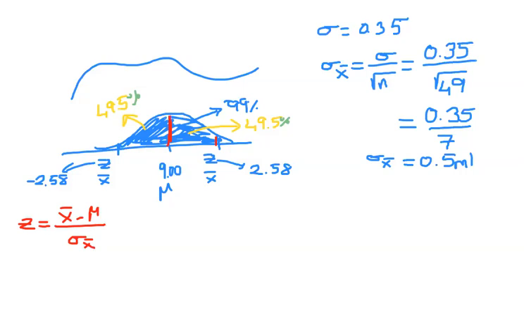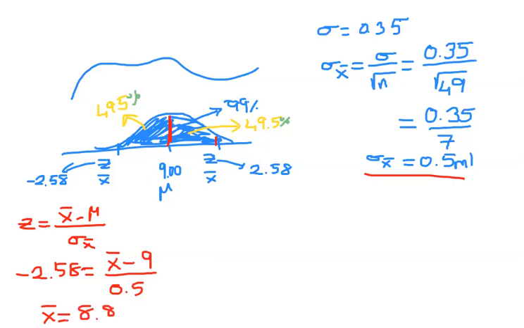I know my z on the left is negative 2.58, equal to x bar, the unknown value, minus mu, which is 9, divided by sigma x bar, which we already calculated as 0.5. When you do this calculation, you will end up with x bar equal to 8.87 milliliter.